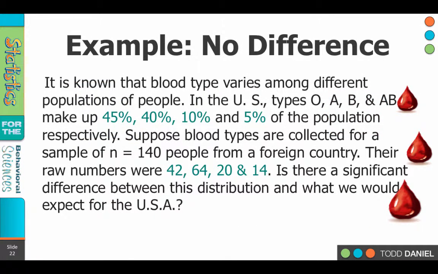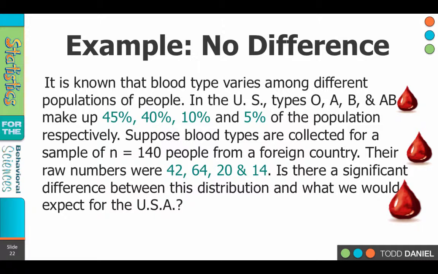Let's do an example. We know that blood type varies among different populations of people. So in the United States, types O, A, B, and AB make up 45%, 40%, 10%, and 5% of the population respectively. So suppose that blood types are collected for a sample of 140 people from a foreign country.